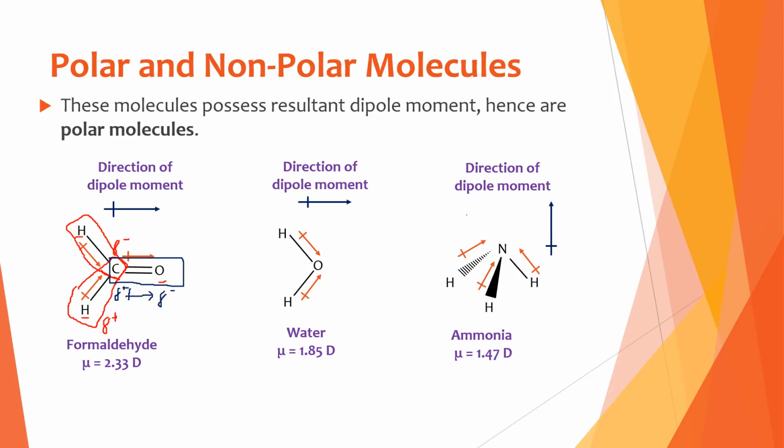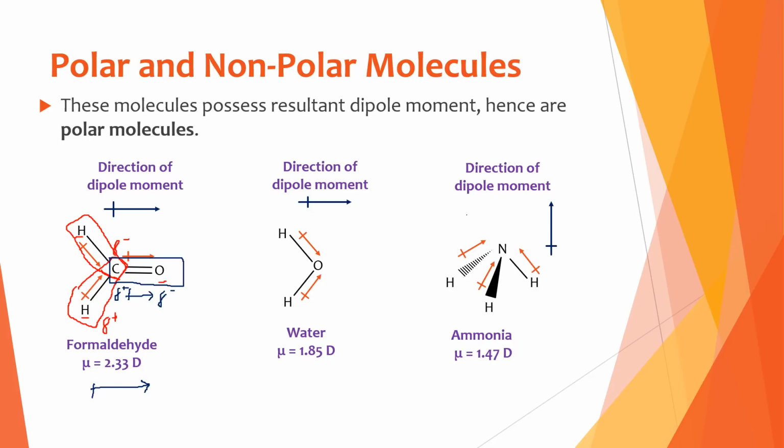As you can see here, for the total dipole moment, there is no cancelling each other. The dipole will come from hydrogen to carbon and the carbon will come to the oxygen. So the direction of the dipole moment will come from the left to the right. This results in a dipole moment of the molecule. So when a molecule has a dipole moment, it will become a polar molecule.